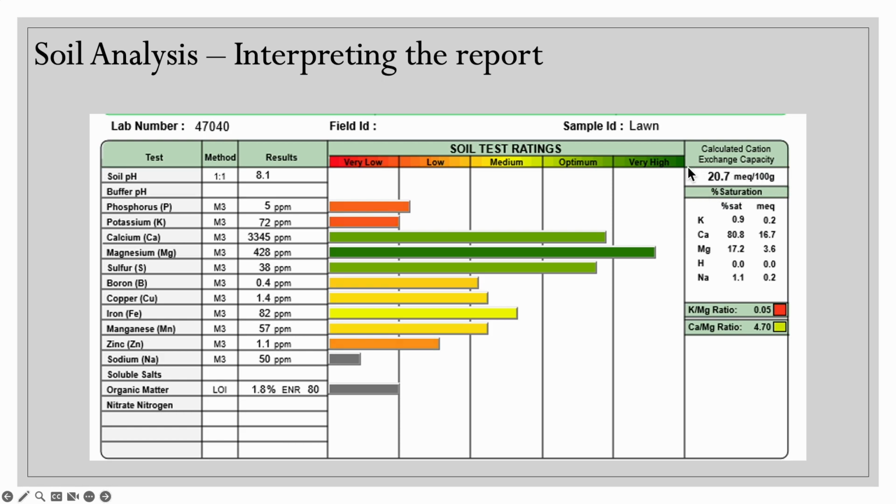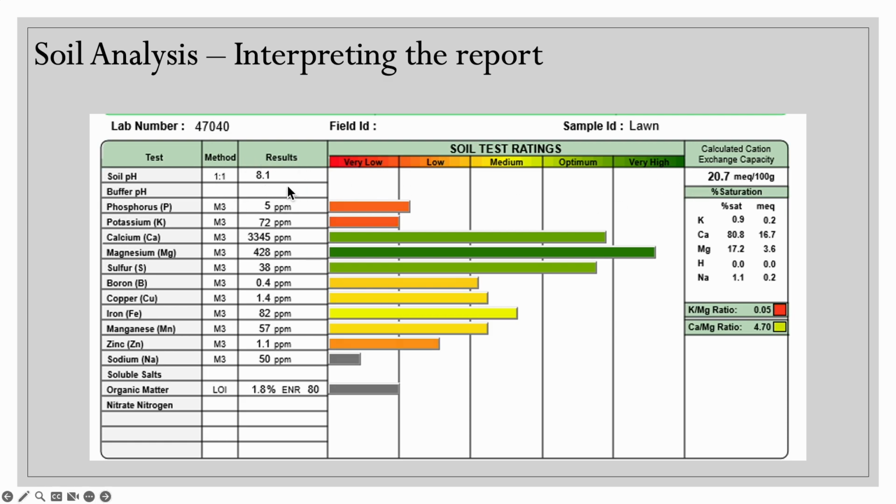Our cation exchange capacity is 20.7. The milliequivalents per 100 grams of soil is the same thing as centimoles of charge per kilogram. So here we have a CEC of about 21, and that's actually pretty good. So we know that our soil can hold the nutrients that we're going to apply.